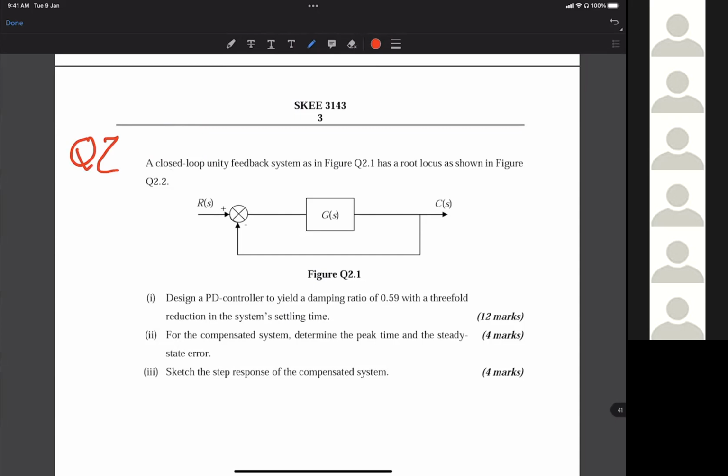First, design a PD controller to yield a damping ratio of 0.59 with a threefold reduction in the system settling time. Second, for the compensated system, determine the peak time and the steady state error. Third, sketch the step response of the compensated system. All right, the PD is 12 marks.